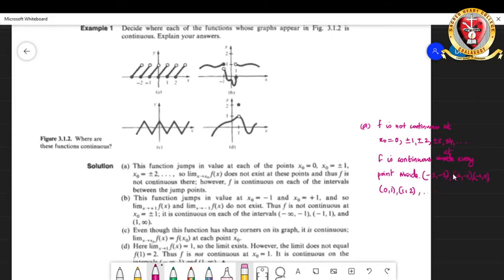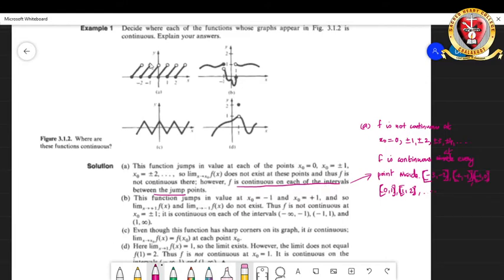You can even say on the closed intervals. So f is continuous on each of the intervals between the jump points. This is what is meant by this statement.